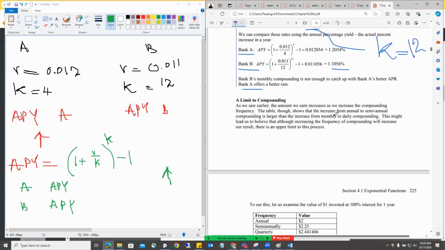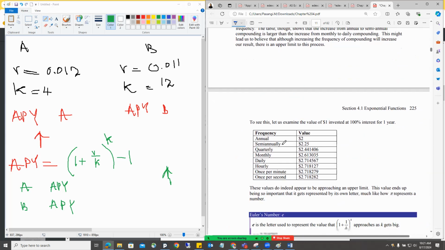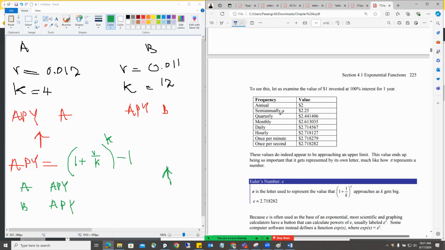This might lead us to believe that although increasing the frequency of compounding will increase our results, there is an upper limit to this process. So here we have annually, semi-annually, quarterly, monthly, daily, hourly, once per minute, once per second. These values do indeed appear to be approaching an upper limit.